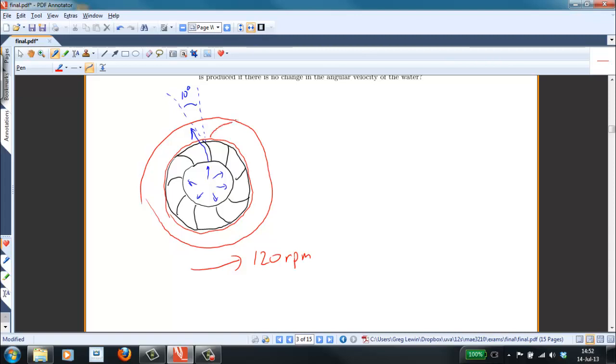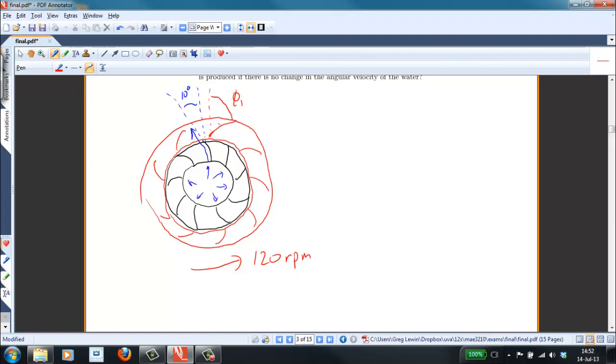And it's going to have blades that look something like this. So in part B, we're going to find the angle of the blade here, which I'll call phi1, such that the flow relative to the rotor, so in the moving reference frame of the rotor, is parallel to this leading edge as it comes into the rotor here.